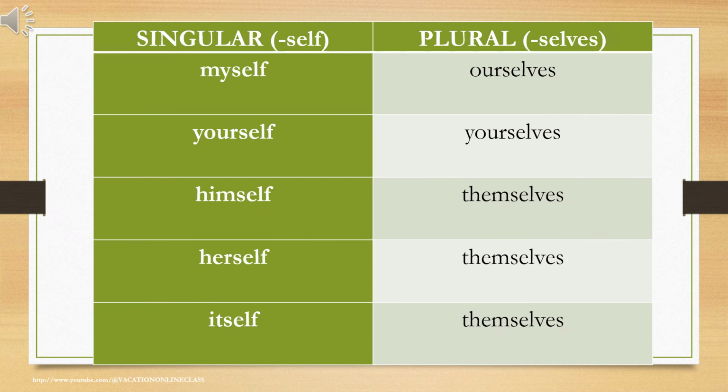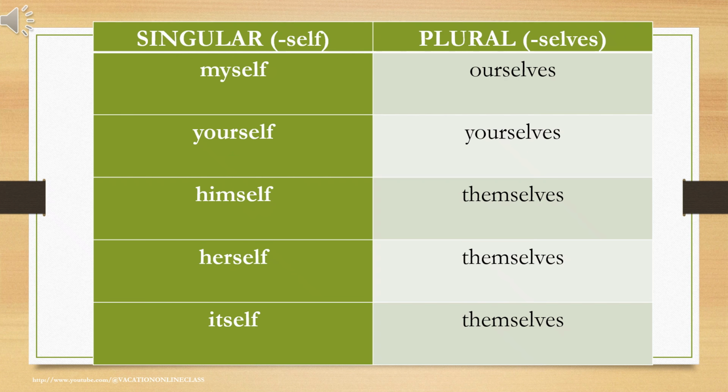So these are the reflexive pronouns that we have in the English language. We have already mentioned that they take self in their singular forms and they take selves in their plural forms. So in singular, we have myself, yourself, himself, herself, itself.